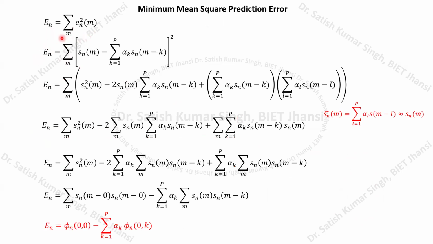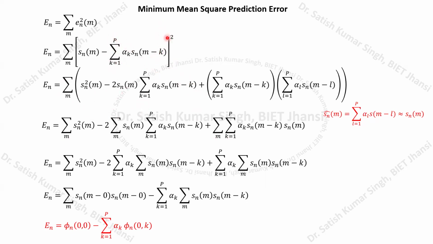So here you can just expand this equation again. If we do this expansion, Sn(m) minus the sum over k equals 1 to p of alpha k Sn(m minus k), just consider it as (a minus b) whole squared, and if you apply this formula, you will be able to show that this equation will be the sum over m of Sn squared(m) minus 2 Sn(m) multiplied with the summation from k equals 1 to p of alpha k Sn(m minus k), plus, you remember, the square of this summation.